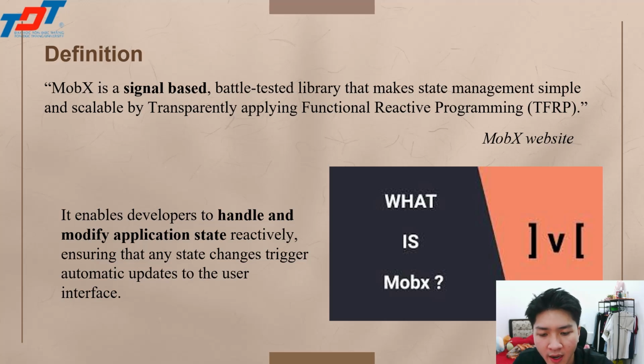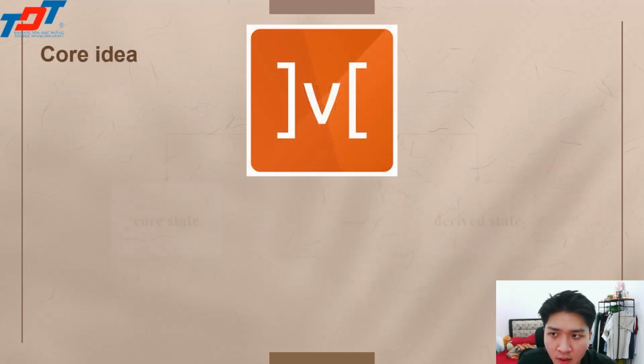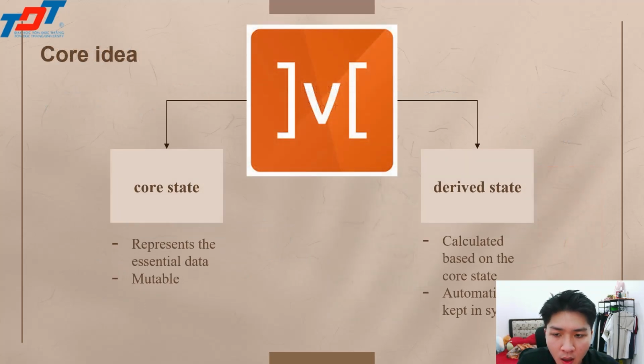The core idea is, you can see here, the core state represents the essential data and is mutable, and the derived state is calculated based on the core state and automatically kept in sync. So the core idea is that MobX is built on the concept that state can be split into two categories: the core state and the derived state.